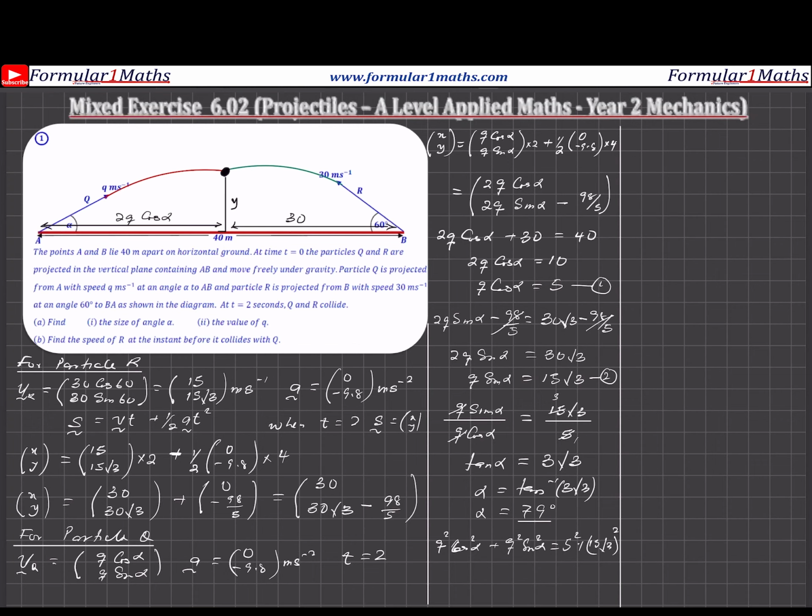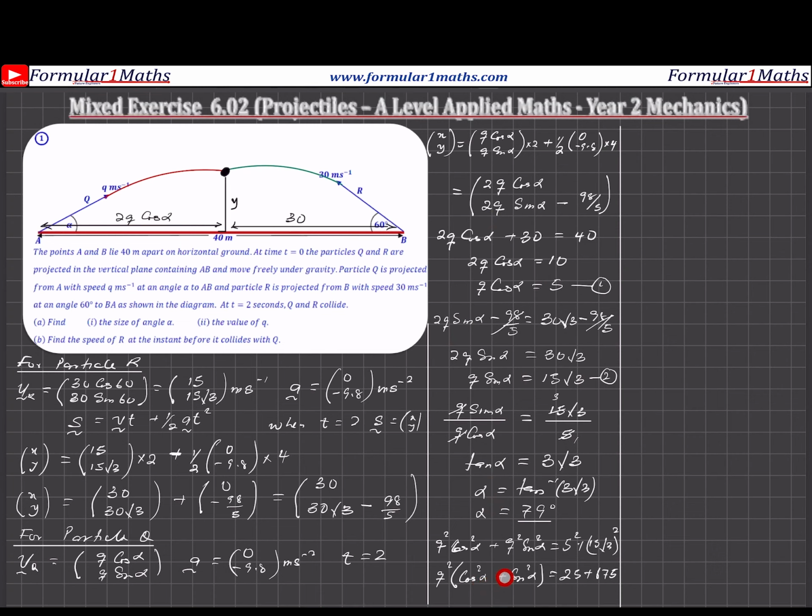Then I can get Q squared brackets cos squared alpha plus sine squared alpha equals to 25 plus 675. Well, cos squared alpha plus sine squared alpha equals to 1.